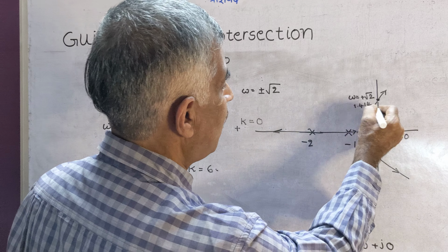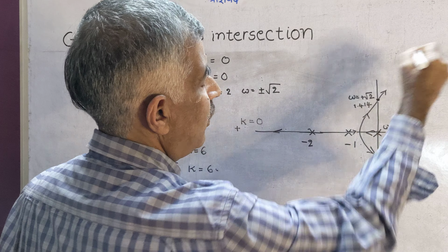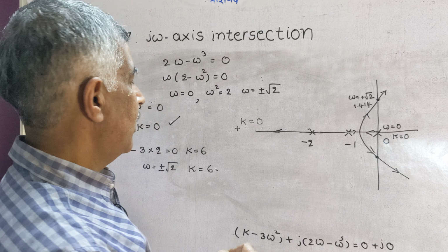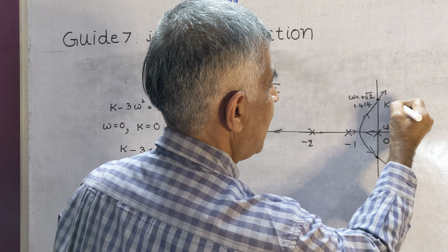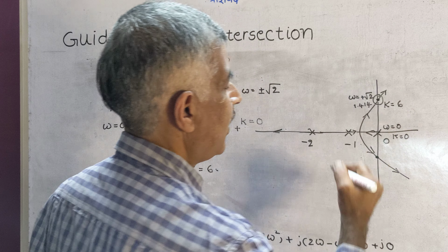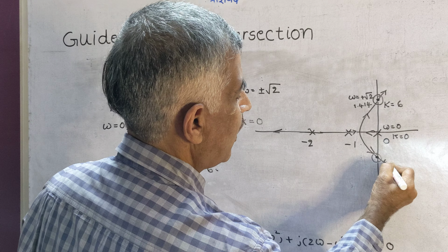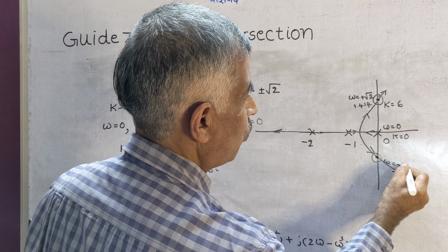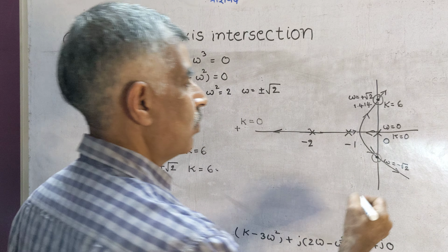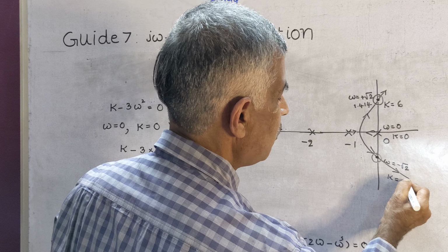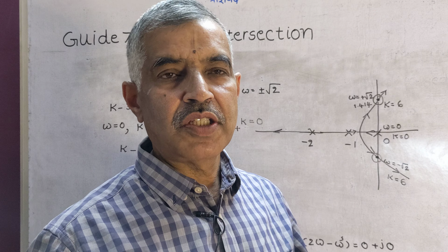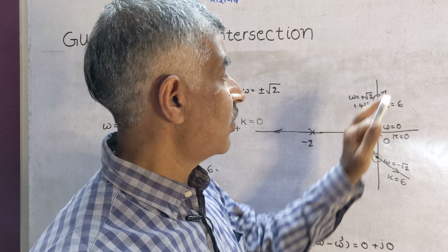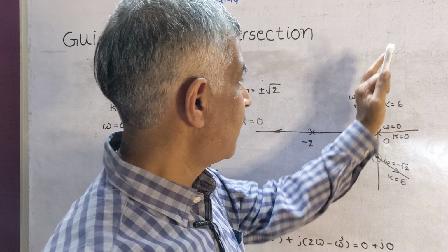That is at j 1.414, it is going to cross into the right half plane, and k value is 6. This is one point. Another point is omega equal to minus root 2 and k value equal to 6. So this is how we have to find the intersection of the j omega axis.